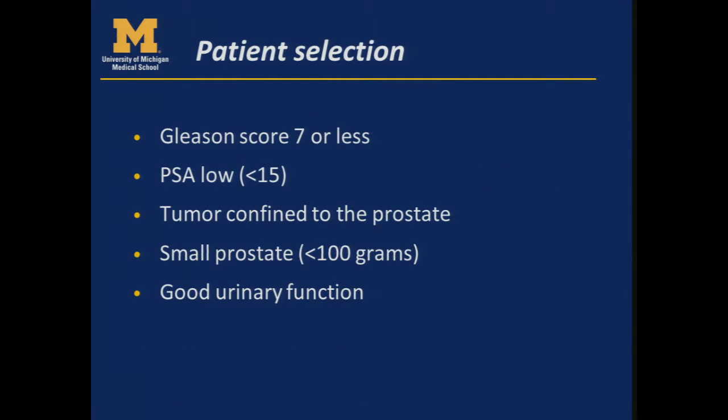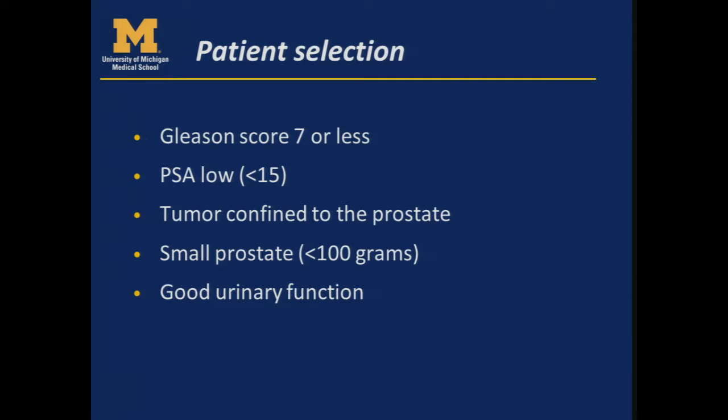So who would be a good candidate for SBRT for prostate cancer? Since it's more convenient, it seems to potentially have the same outcomes. In multiple studies so far, it's really been confined to patients with a Gleason score 7 or less, so patients with what's called low-risk prostate cancer or a low-intermediate risk prostate cancer.